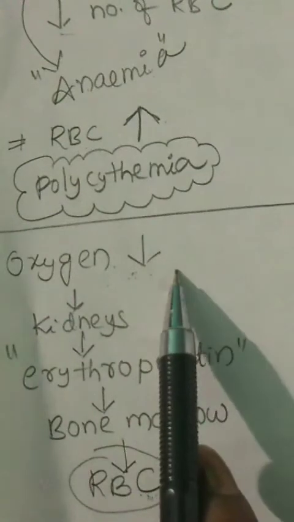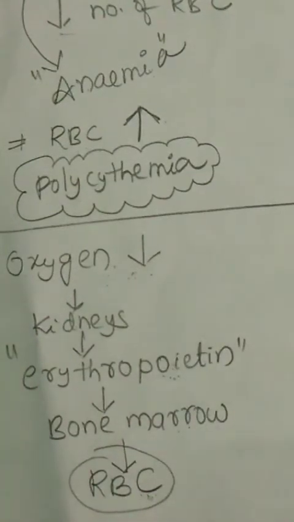Next, vitamin B12 and folic acid are also required for maturation of RBC.